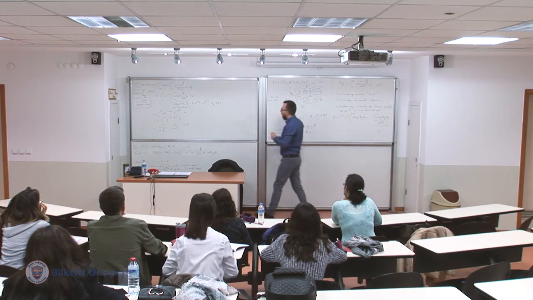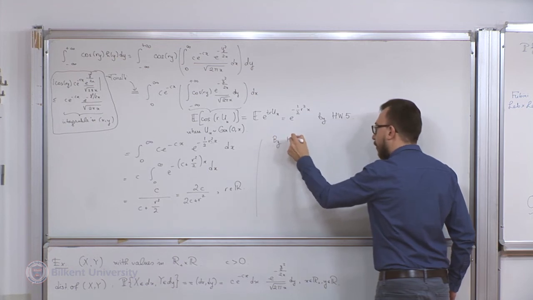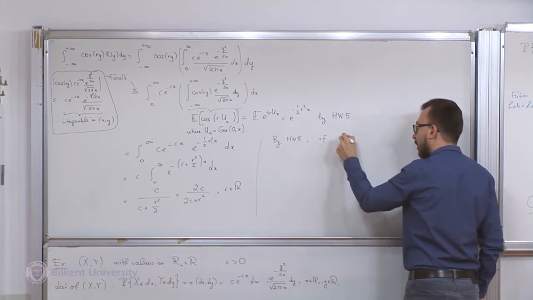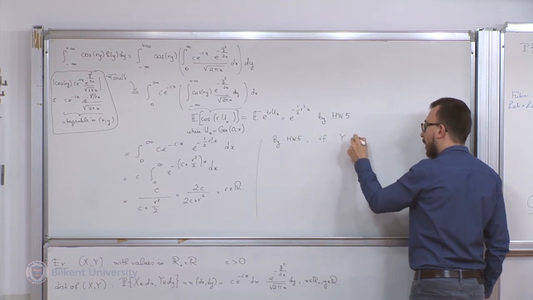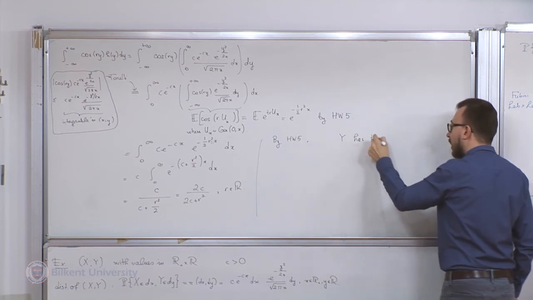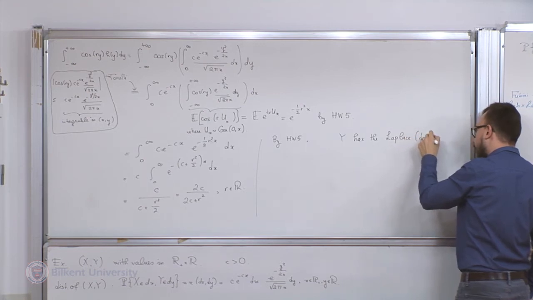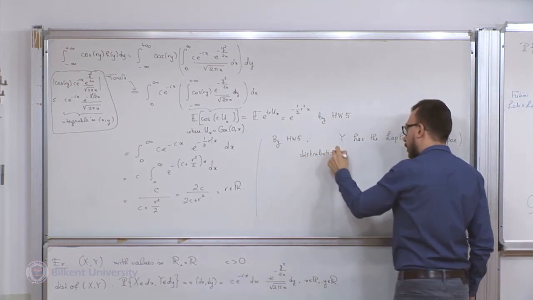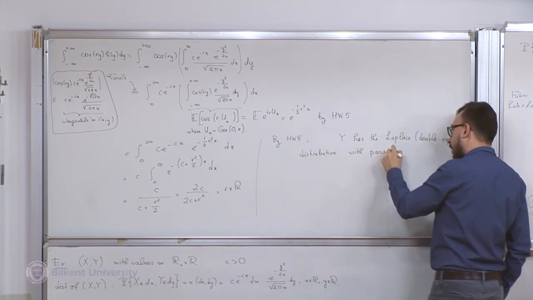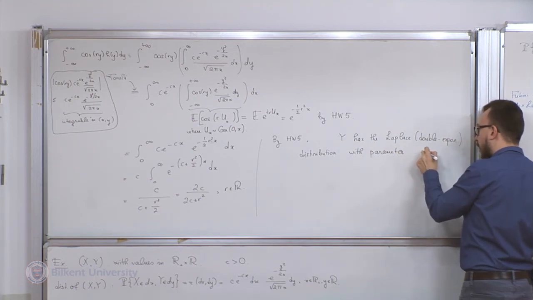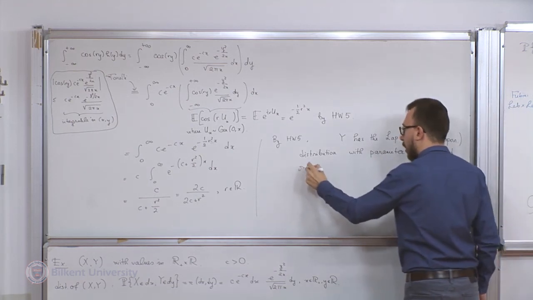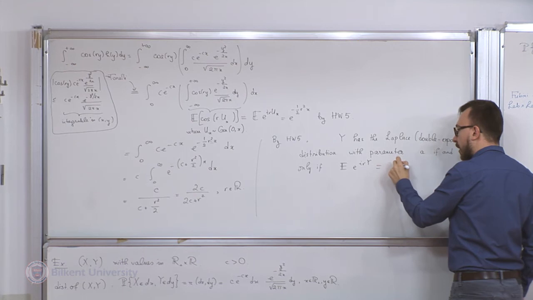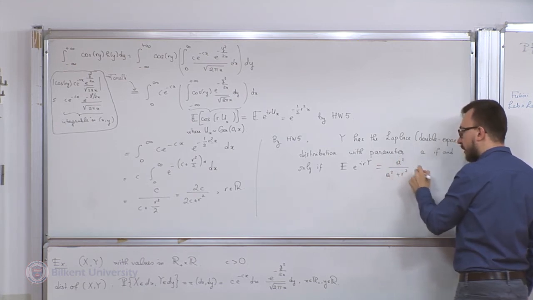So in that same homework, by homework 5, probably the last question was that if you have a random variable y, let's say y has the Laplace distribution or the double exponential distribution with parameter, let's say a, if and only if its Fourier transform is given as a squared over a squared plus r squared.